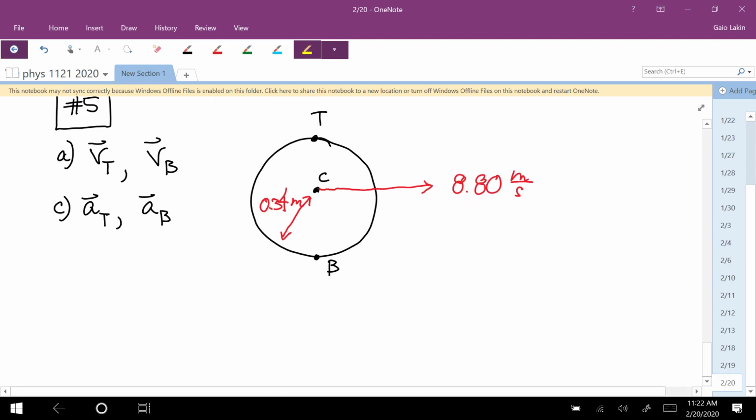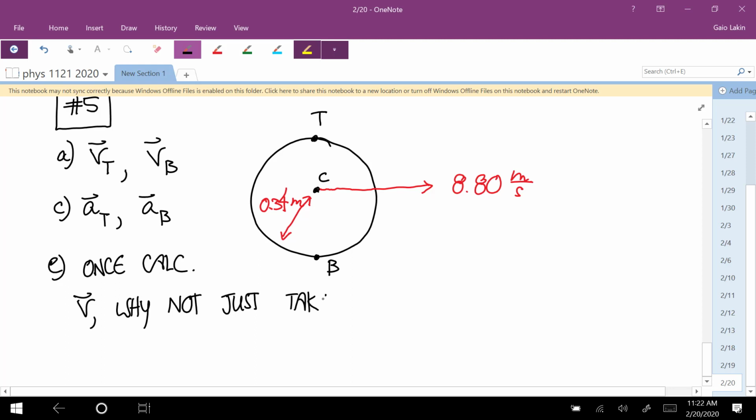And then the last question, E, is: once you calculate the velocities, why not just take the time derivatives to get the acceleration?